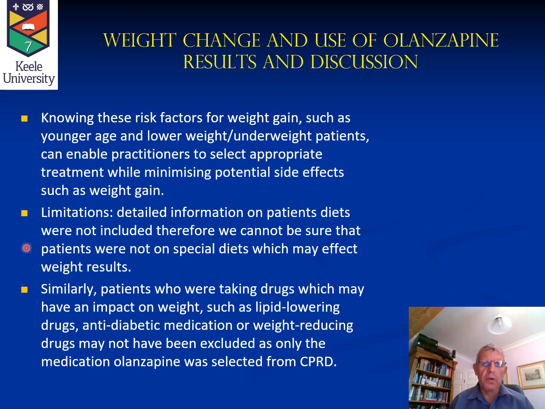And also, we didn't look at other medications which could also have an impact on weight change. So you can see from this study how a database can be used to investigate a relationship like the use of drug and an outcome variable.